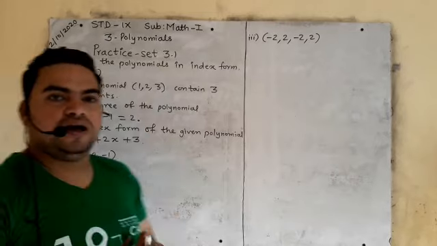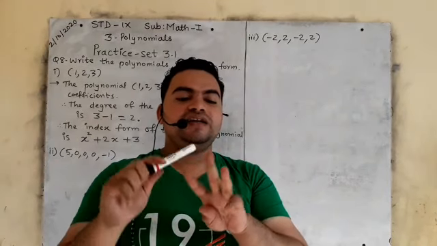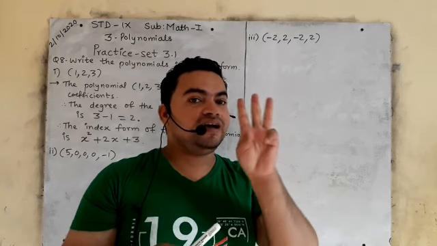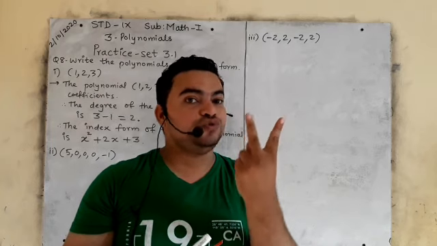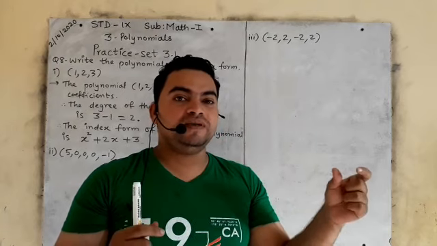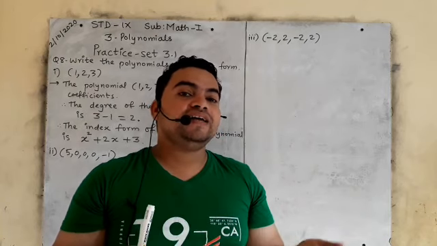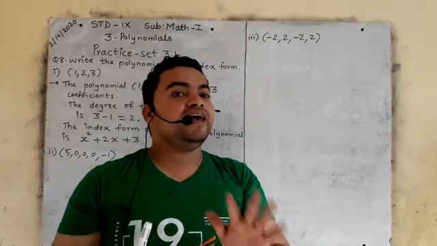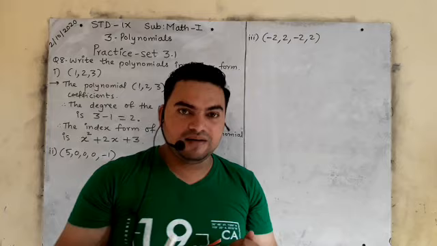Is it clear? It means if 3 numbers are there and you use x, the degree will be 2. If there are 4 coefficients, the degree of that x will be 3. If 5 numbers are there, the degree of x will be 4, that is, one less.